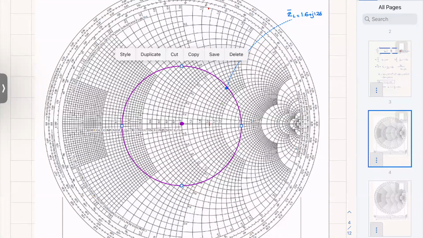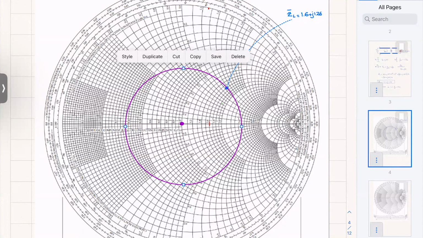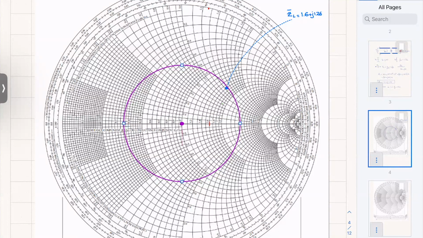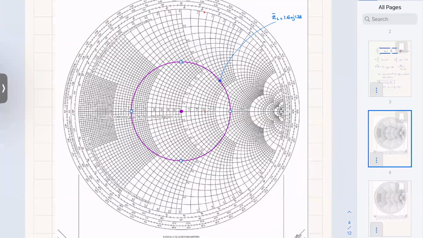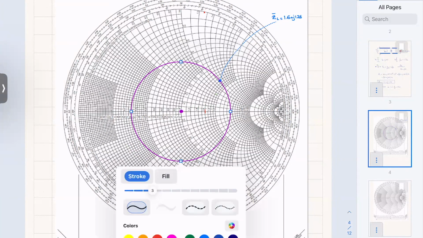All right, something like that. Now, let me make that a little bigger, a little thicker.